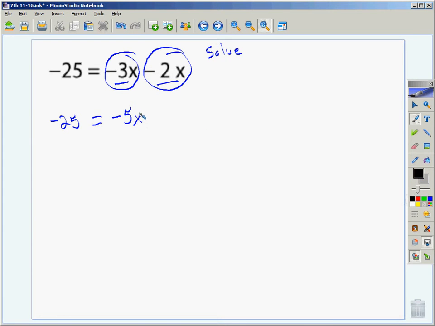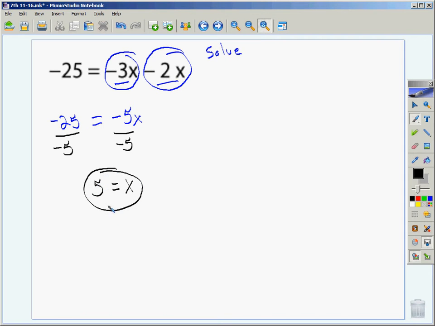If I look at where x is, if I'm trying to get it by itself, x is being multiplied by a negative 5. How do I undo multiplication? Division. So I divide both sides by a negative 5. X is going to be equal to a negative divided by a negative, which is going to make a positive.